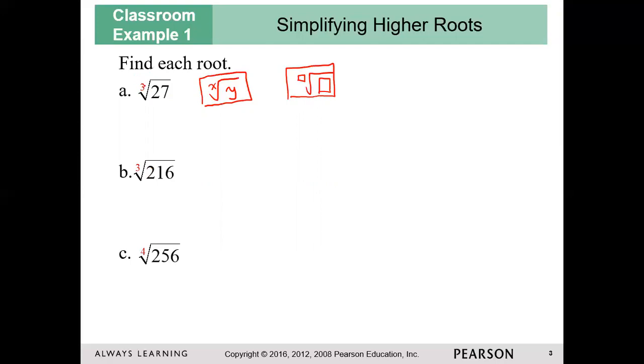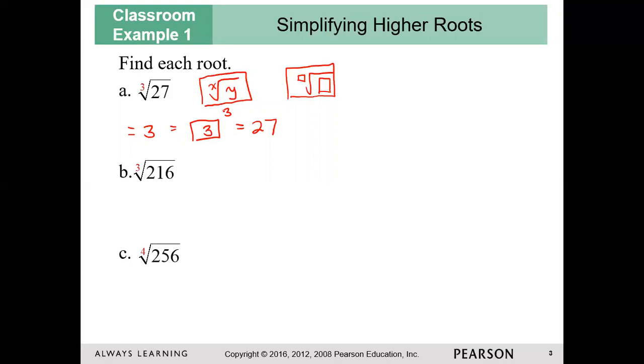So for now, let's take the 3rd root. That's how you would say this. So the cube root, or the 3rd root of 27, which is going to be 3. And we know that because the cube root is the inverse operation to cubing something. So if you were to take some value and raise it to the power of 3 to get 27, that value that you're raising to the power of 3 would be 3.